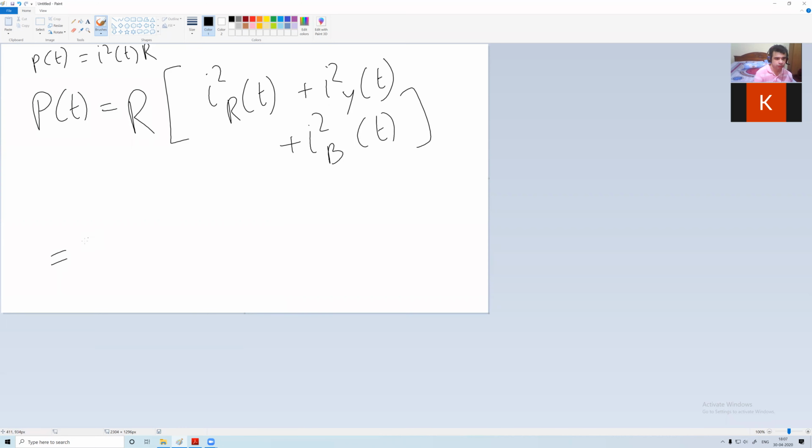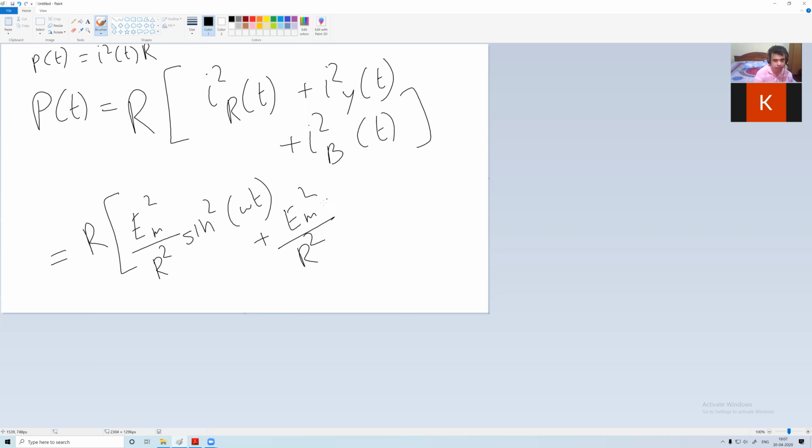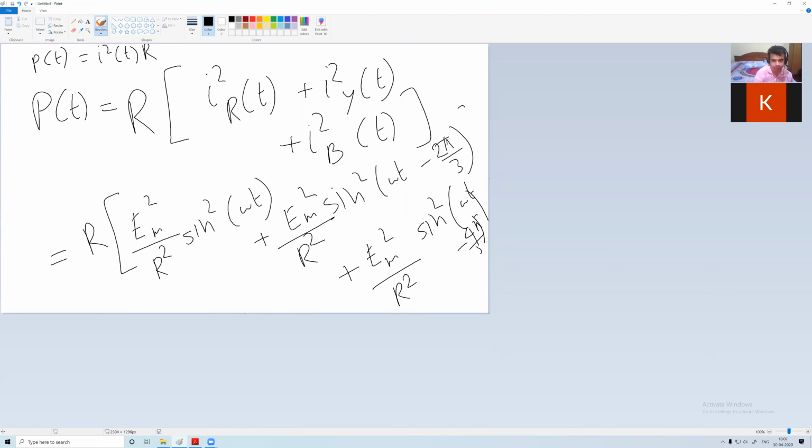And that is equal to Em square by R sine square omega t, plus Em square by R sine square of omega t minus 2 pi by 3, plus Em square by R sine square of omega t minus 4 pi by 3.